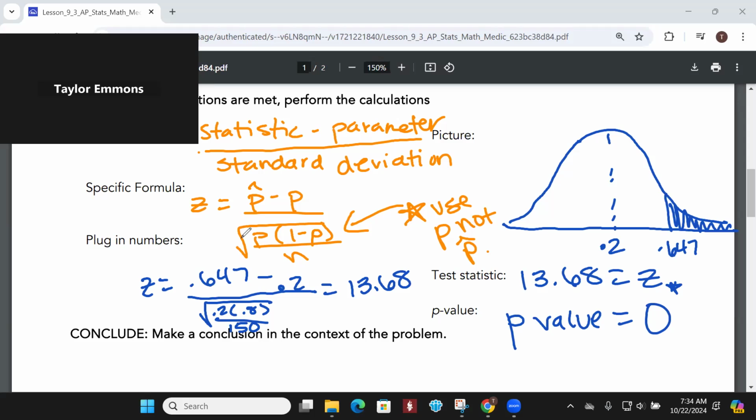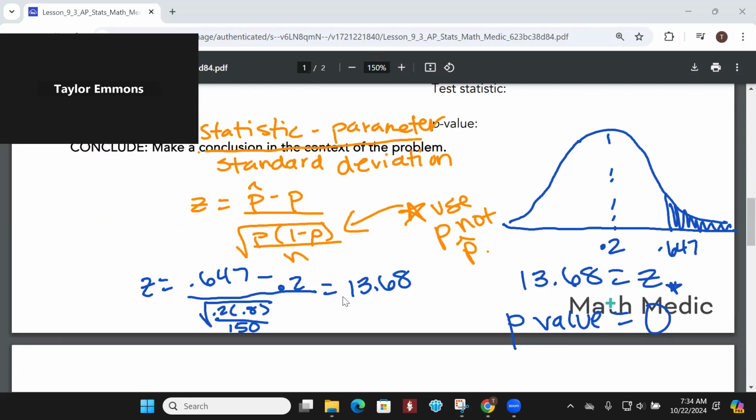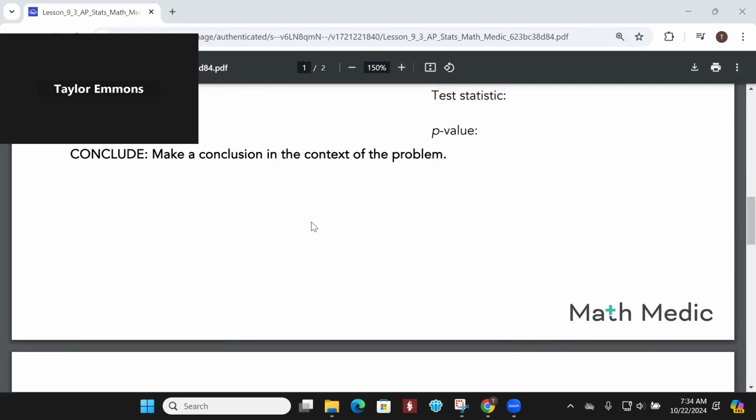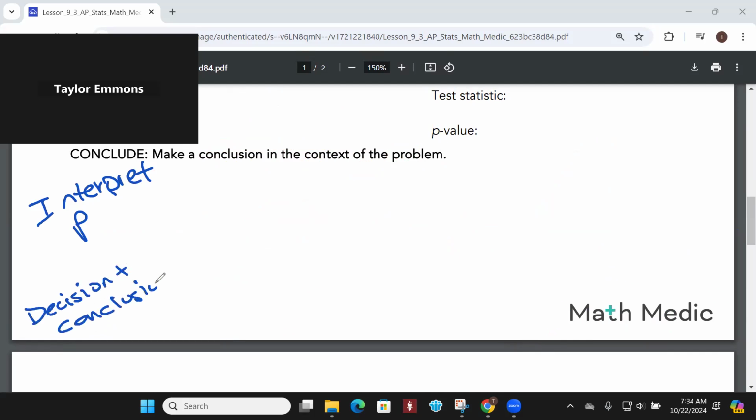All right, making a conclusion in context of the problem. Okay, so when you do your conclusion, you need to interpret the p-value, interpret p, and your decision and conclusion are the last part.